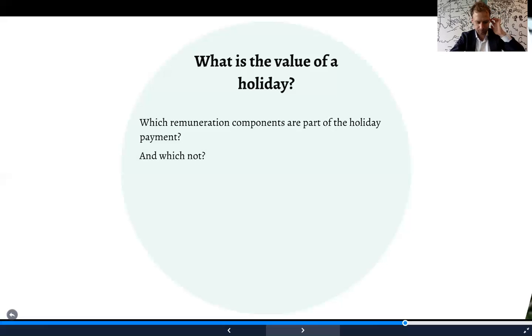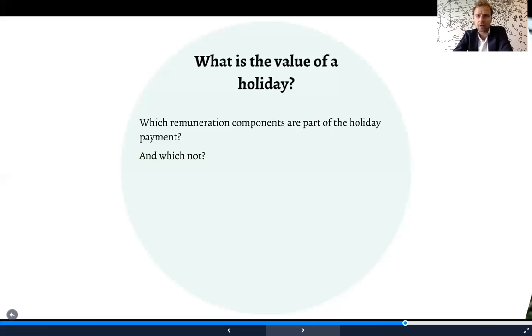Now, which not? The European Court of Justice again says that only additional and occasional costs do not form part of the value of a single vacation day. The Dutch courts have translated this into the reimbursement of a lease car, also if the lease car might be used for private purposes too, and the reimbursement of expenses.